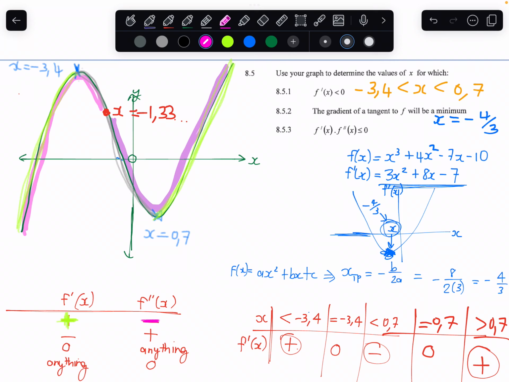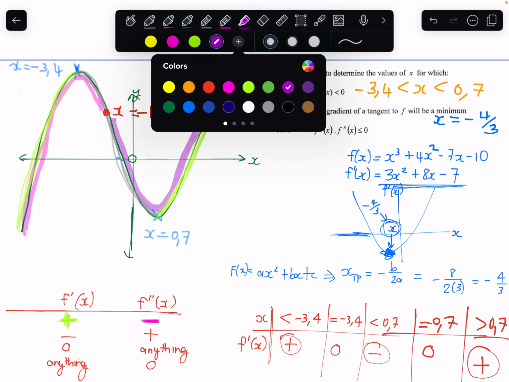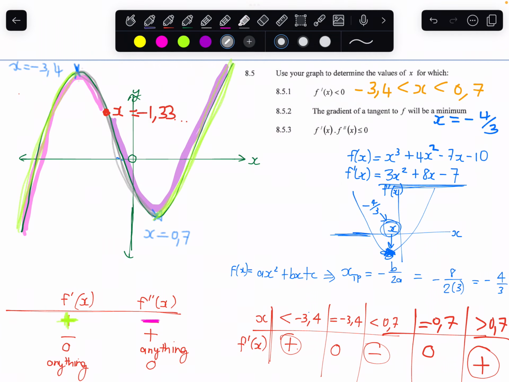So where is that? That is over here. We can see that our graph is concave down, the gradient is positive, and then where does that change?